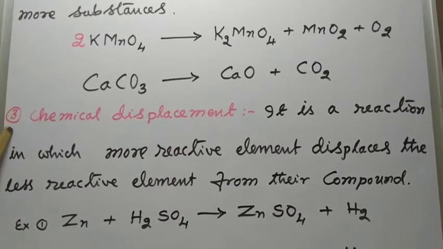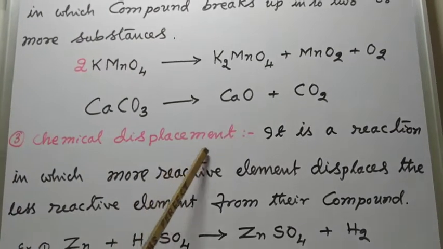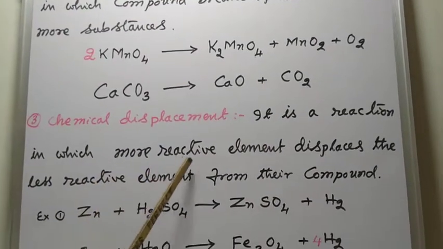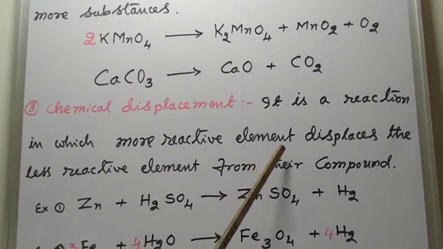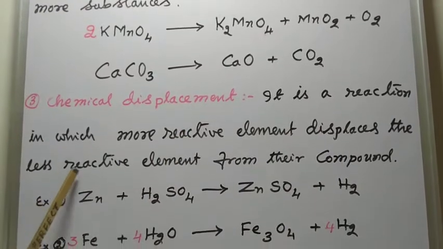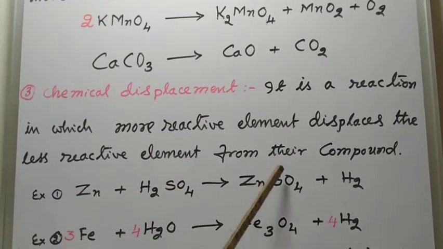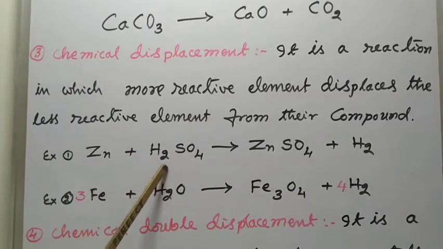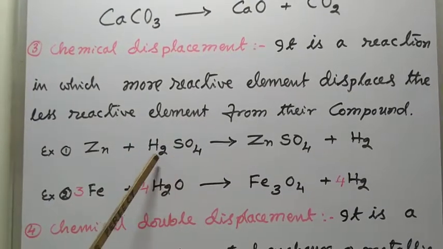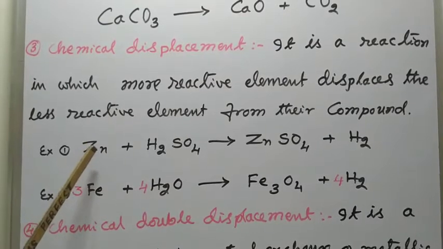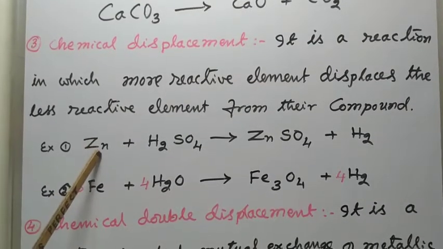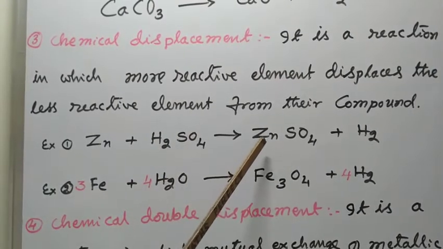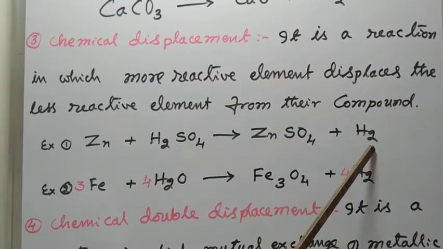Now, the third one is chemical displacement. It is a reaction in which a more reactive element displaces the less reactive element from its compound. For example, this is sulfuric acid, in which Zn is more reactive, therefore it displaces this hydrogen to form zinc sulfate plus hydrogen.